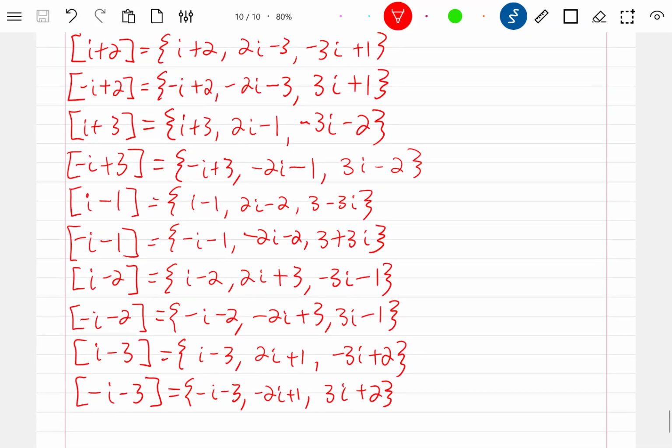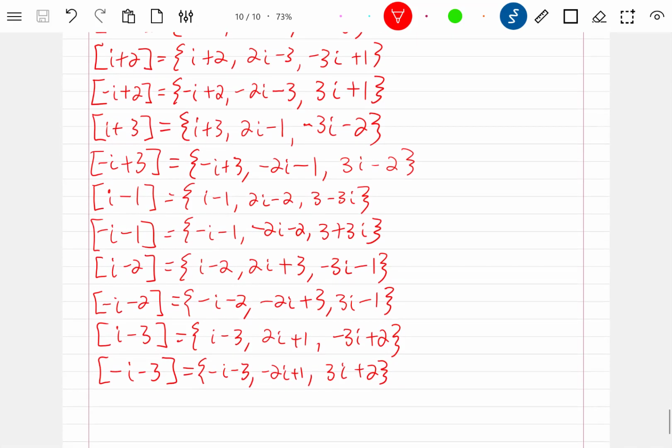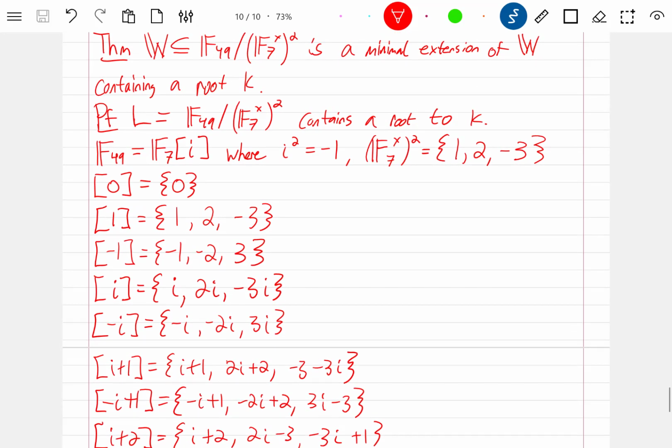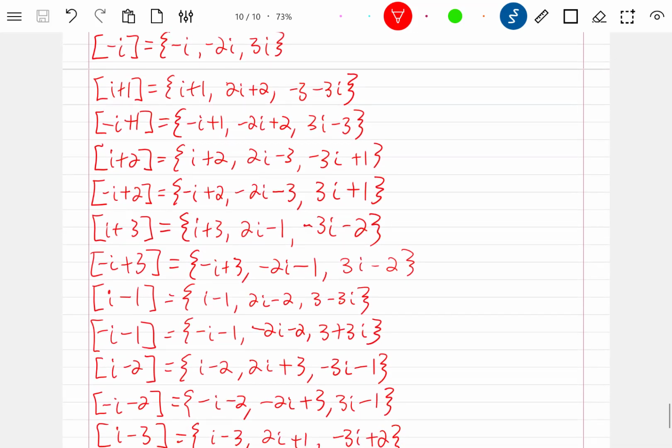And all we did to create this list was say, well, we have the elements in our F7 adjoin i, and we know we have this equivalence relation, so let's just multiply by the elements in our equivalence relation to see what the equivalence classes are.